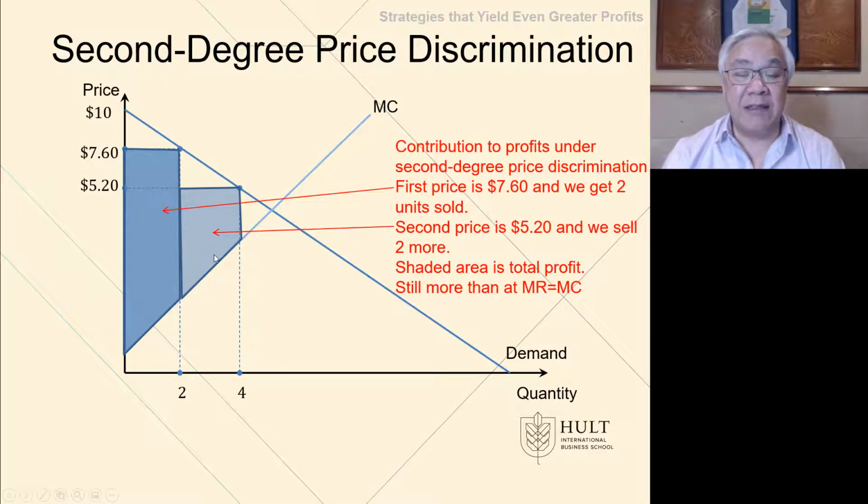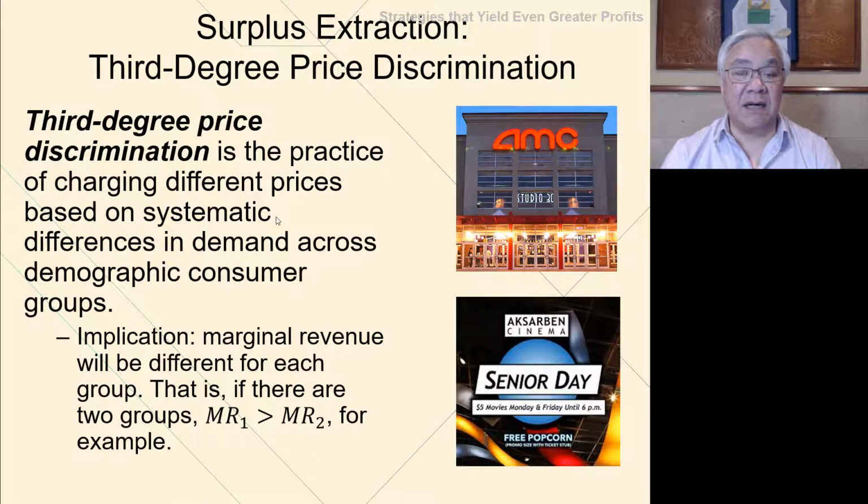But when we add those together, it's greater than if we merely charged an equal price to every single consumer. So this is called second-degree price discrimination. We're not charging a different price for each quantity sold, but we're capturing more of that demand curve by having two prices.